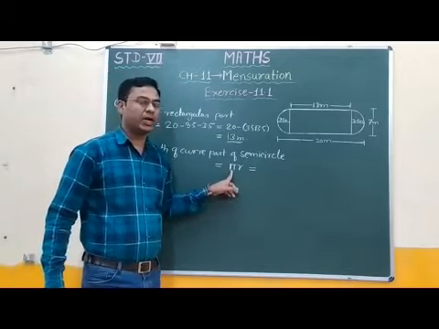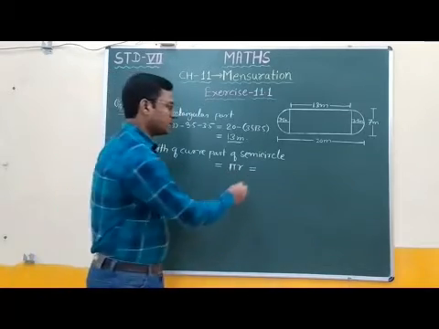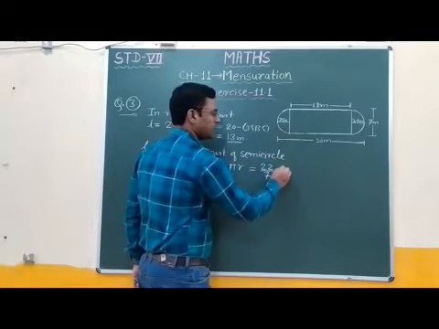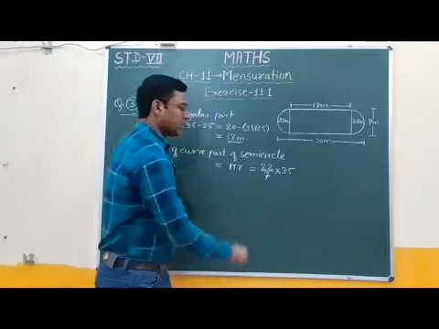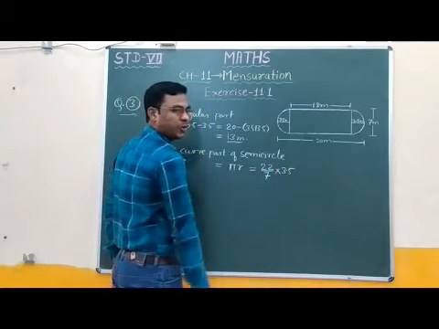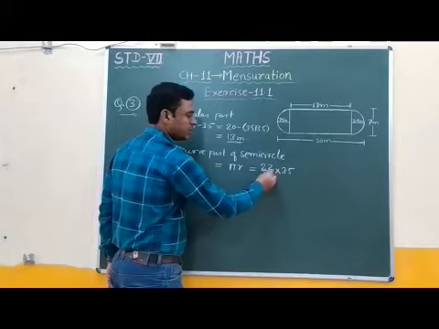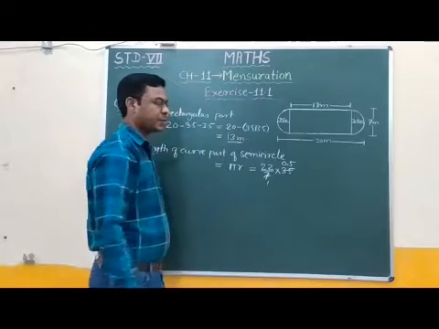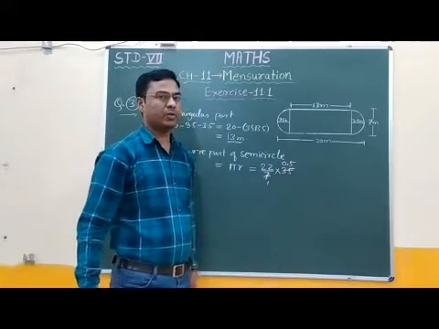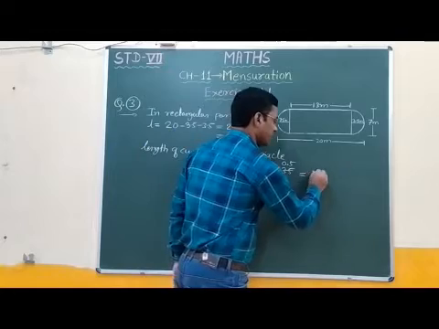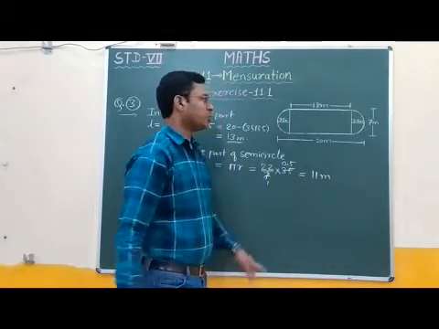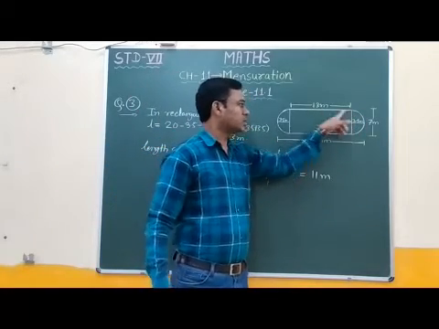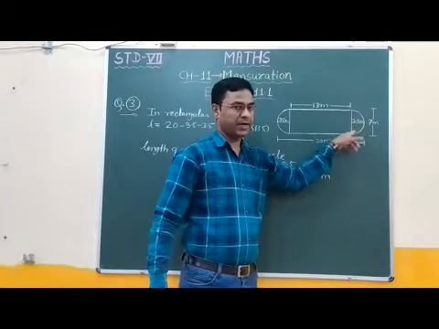Pi, we know that the value of pi is 22 upon 7. 22 upon 7 multiplied by r. r means 3.5. Now students, 7 and this 3.5, we can divide this. 7 1 is 7, 7 5 is 35. Therefore here 0.5. Now students, 22 into 0.5 is equal to 11 meter. Therefore students, the length of this curve part is 11, and again this curve part also is 11 meter.